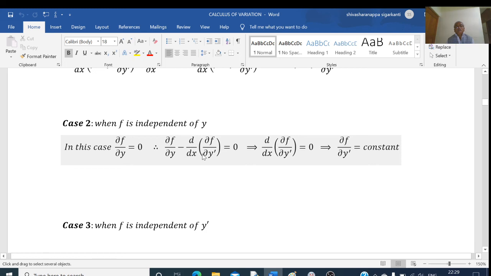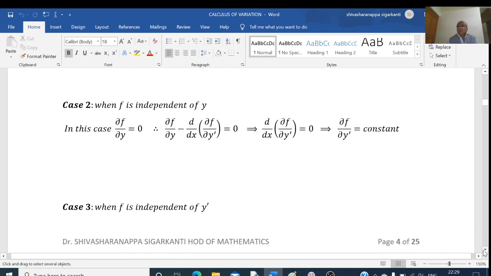Therefore, I am getting d/dx of ∂f/∂y' = 0. Integrating this equation with respect to x, we get ∂f/∂y' equal to a constant of integration, some constant. So if f is independent of y, then we have ∂f/∂y' equal to a constant quantity.